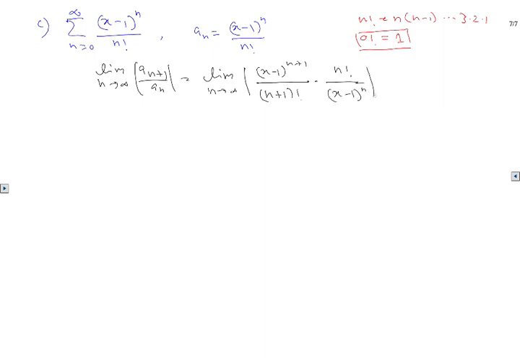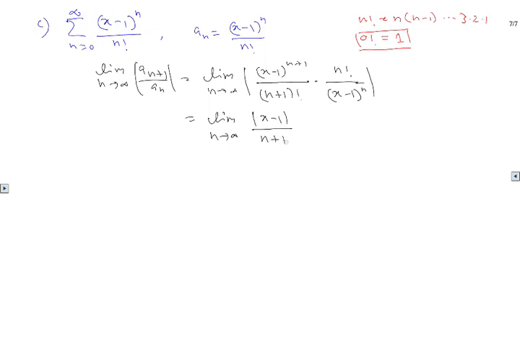So we're going to simplify as before. Once you simplify, the factorials get cancelled, and the powers of x minus 1 get cancelled. So you simply end up getting the limit as n goes to infinity of the absolute value of x minus 1 divided by n plus 1.